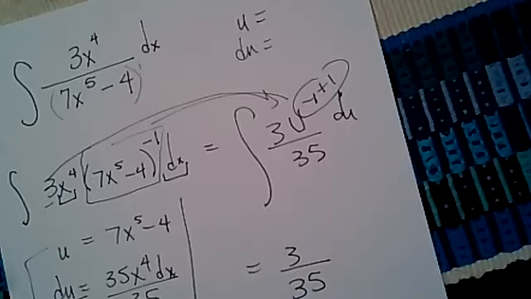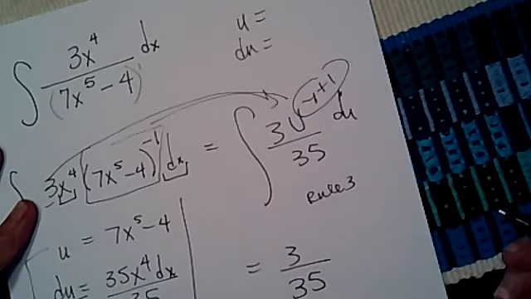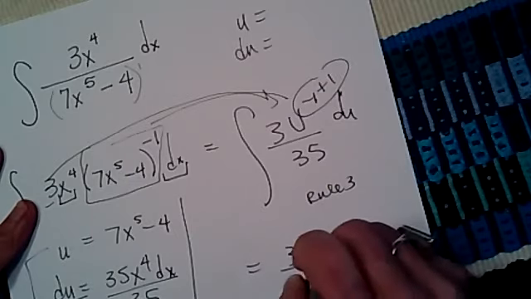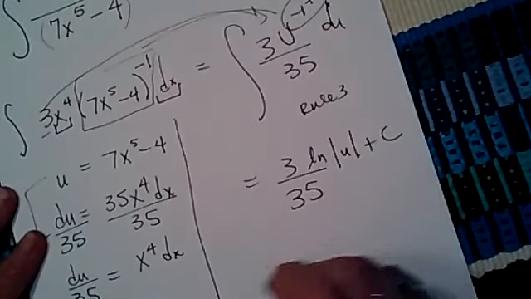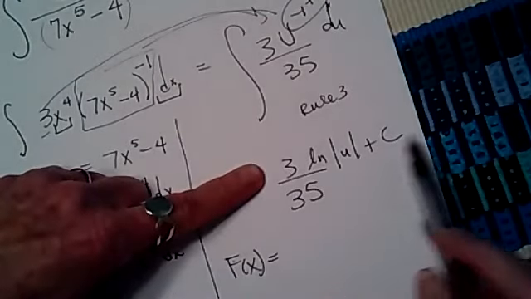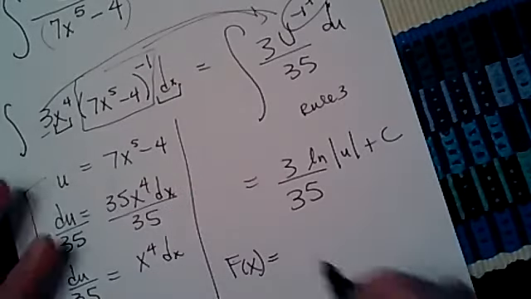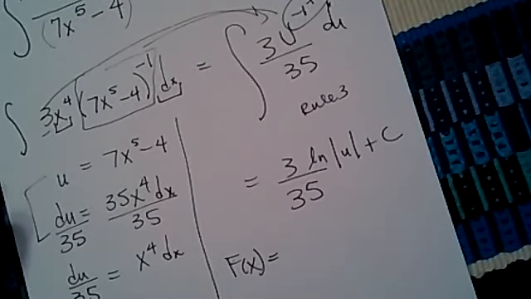So I can't use my rule 2. I have to use what? My rule 3. Because that's going to be what? The ln of the absolute value of u plus c. So that's my answer. But I have to turn it back in terms of the original variable. And it doesn't matter if you write 3 ln all over 35 or put the 3 over 35 in front, as long as you know that when you use the practice problems, if it takes it for the practice problems, it's going to take it for the quiz problems and everything else.